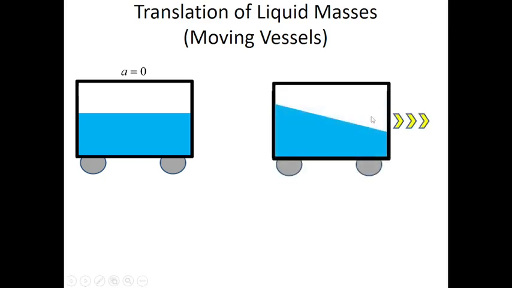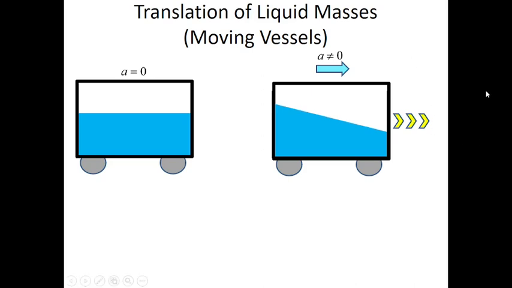Now, consider another tank wherein it accelerates, where the acceleration given is not equal to zero. And it proceeds in this direction. So if it proceeds in this direction, the liquid will resist the motion.